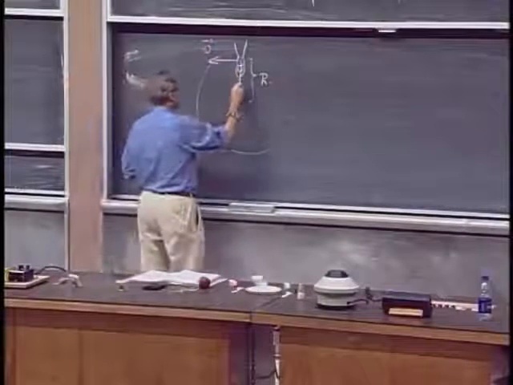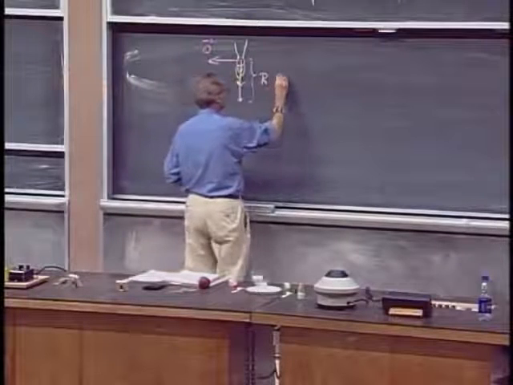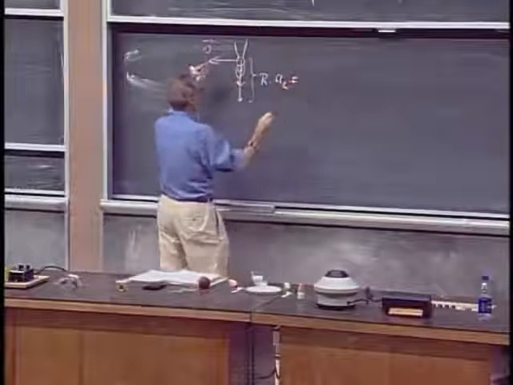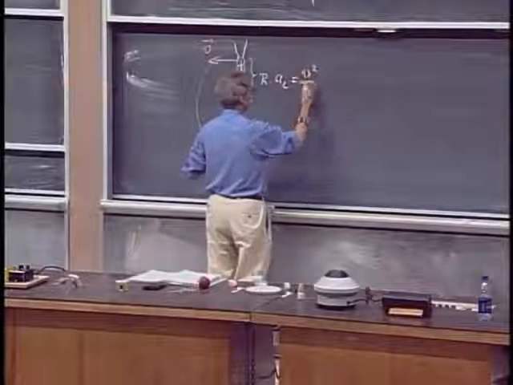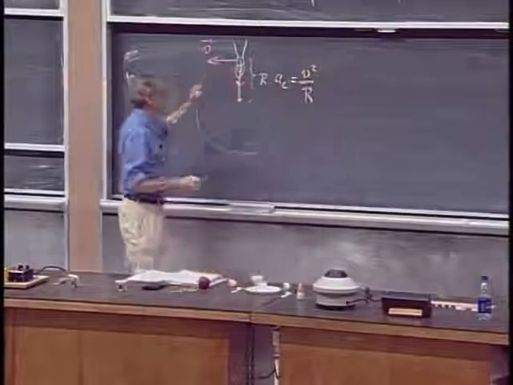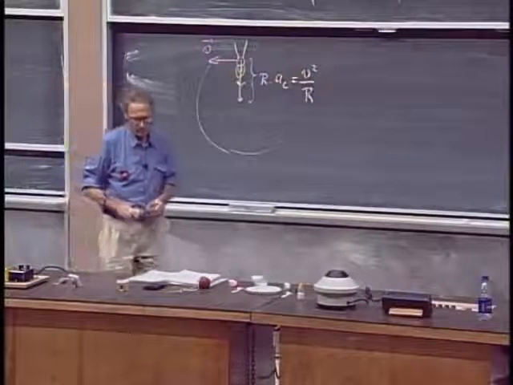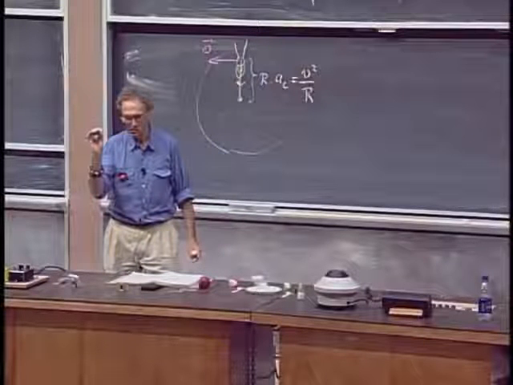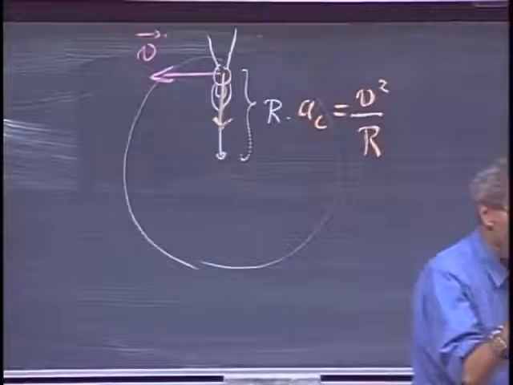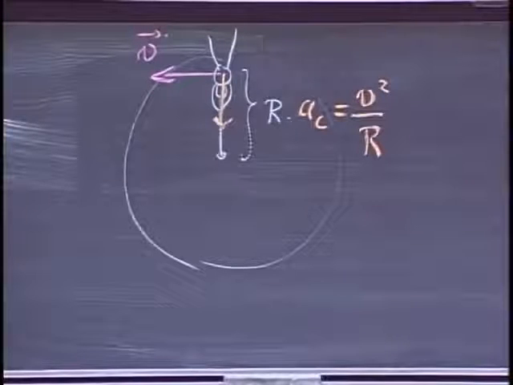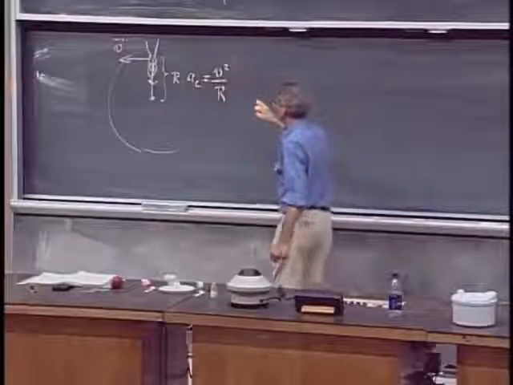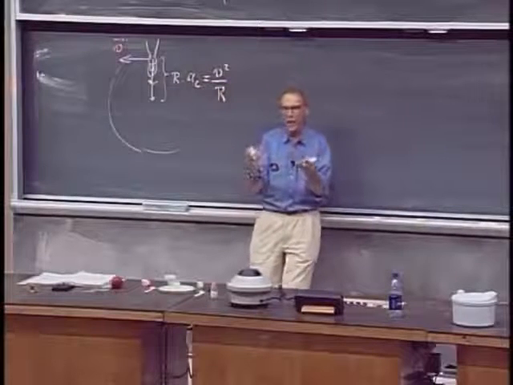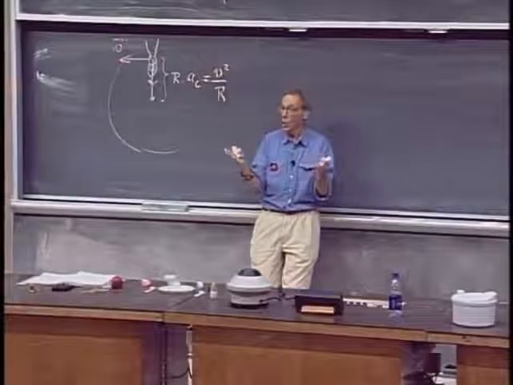So you need a centripetal acceleration, A of c, which is, you can take the v squared divided by r if you like that. This is the magnitude of that v. Now follow me very closely. Just imagine that this number happens to be exactly 9.8. I can always do that.